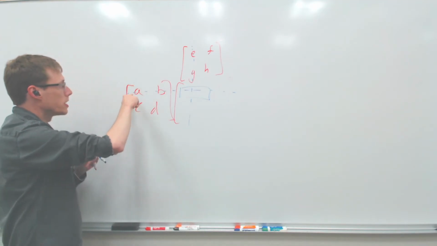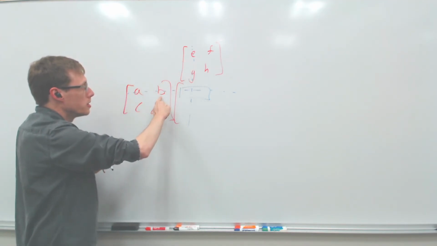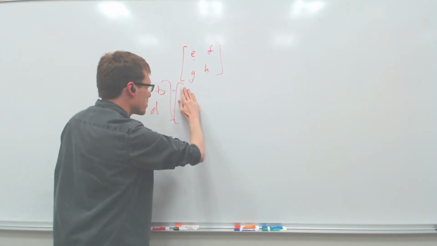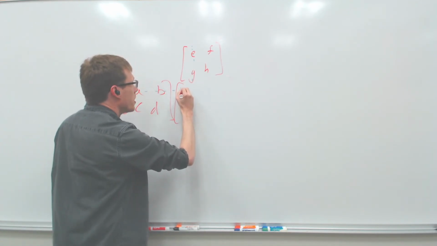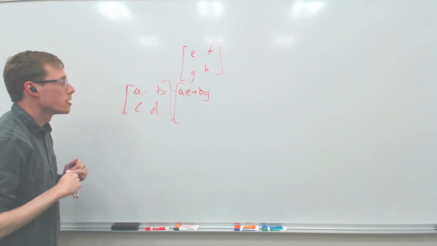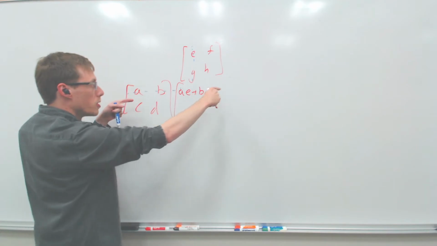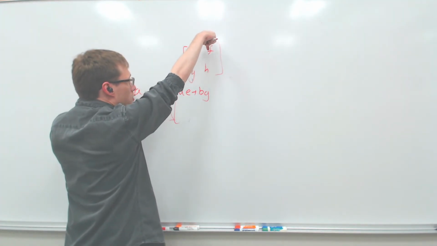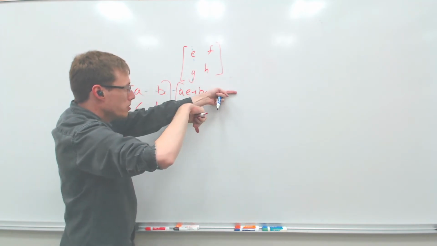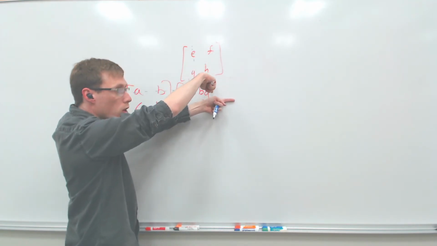All right. And what you're going to get is A times E plus B times G. AE plus BG. To get the second one over, now you have to line up once again the same row, and you have to line up the column of the second one.